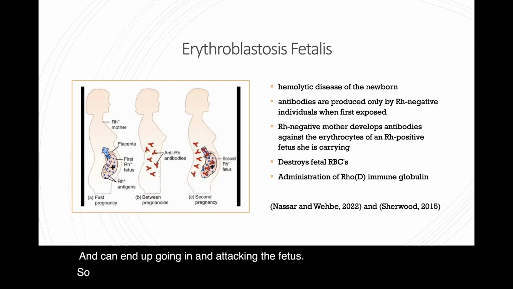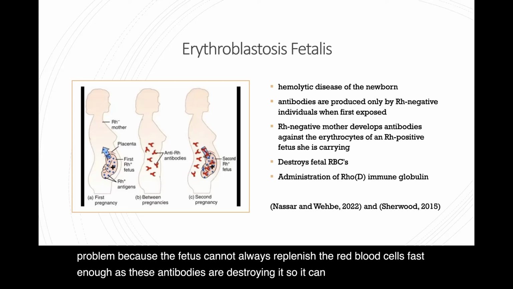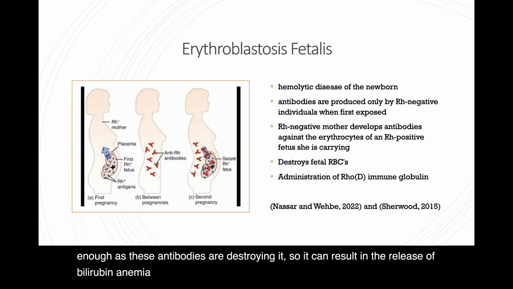So this is going to end up destroying fetal red blood cells, and it becomes a problem because the fetus cannot always replenish the red blood cells fast enough as these antibodies are destroying it. So it can result in the release of bilirubin, anemia, hemolysis for the fetus.